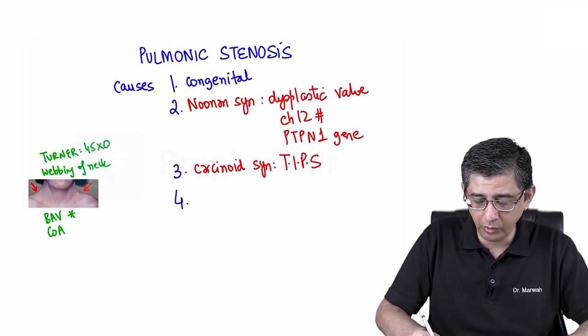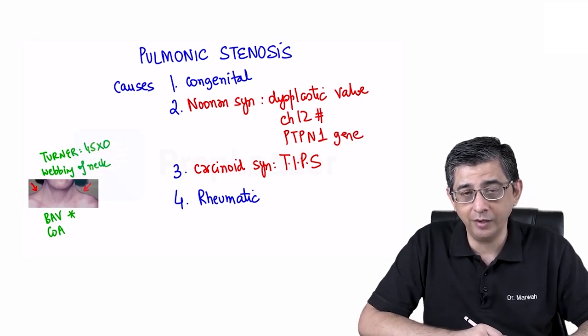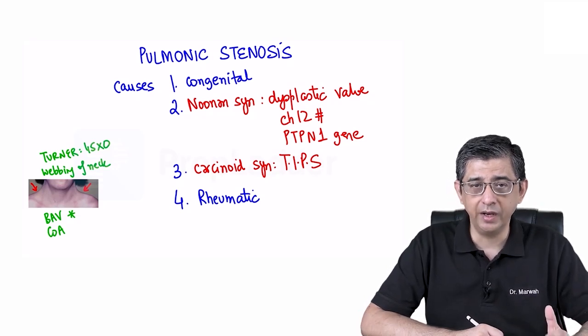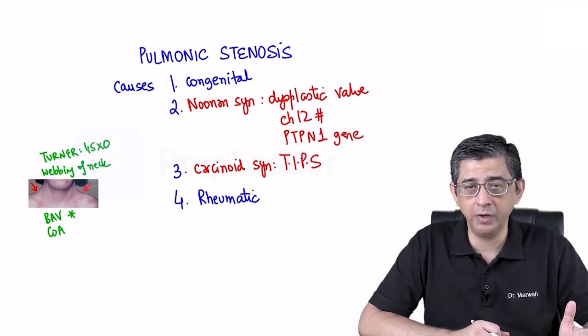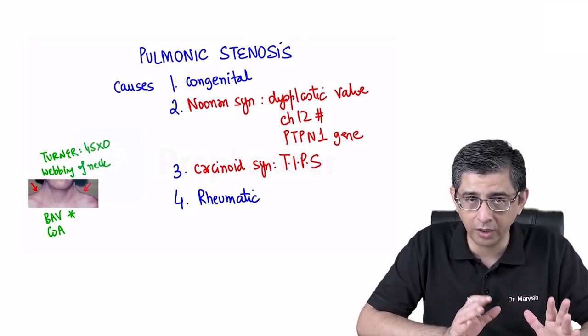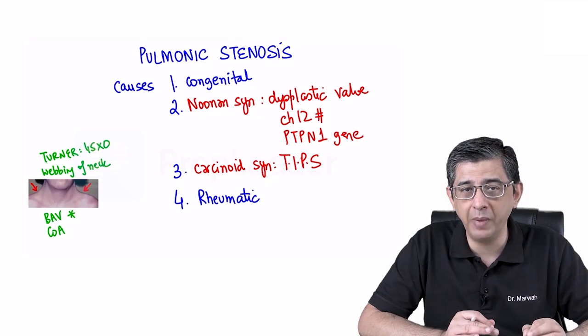Now for point number 4, I know that when I am writing this, you will say, sir, we have read in pediatrics in OP Ghai that rheumatic does not cause pulmonic valve involvement. I agree there is a difference of opinion between certain books, because OP Ghai categorically mentions that the pulmonic valve is not involved, but some other books mention that the pulmonic valve may be involved.